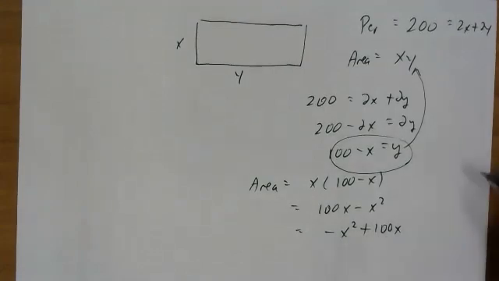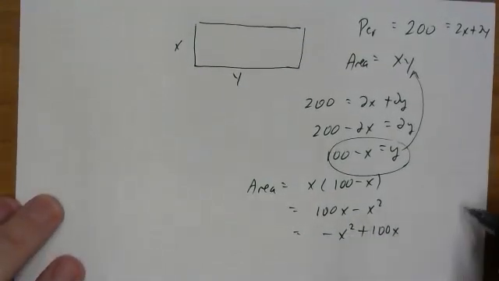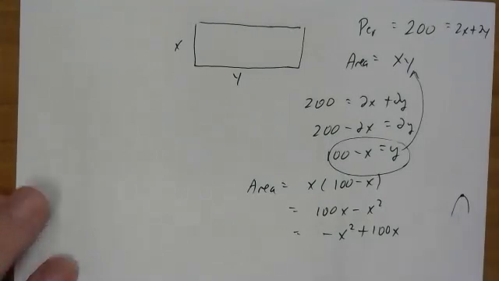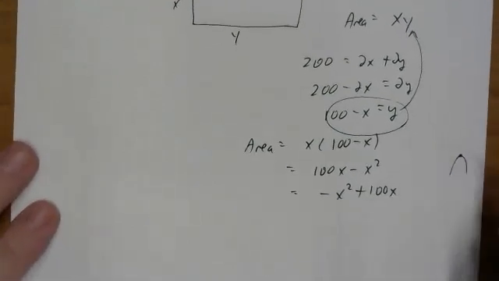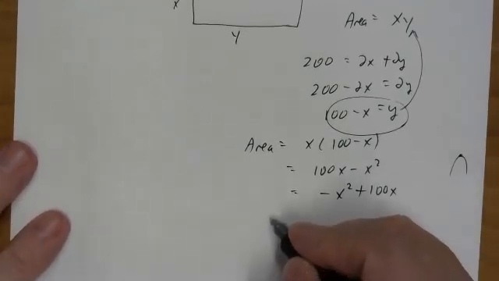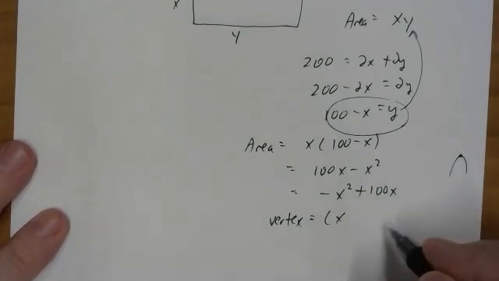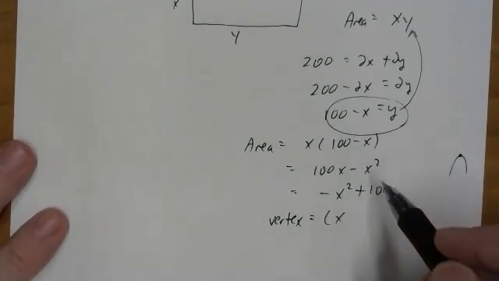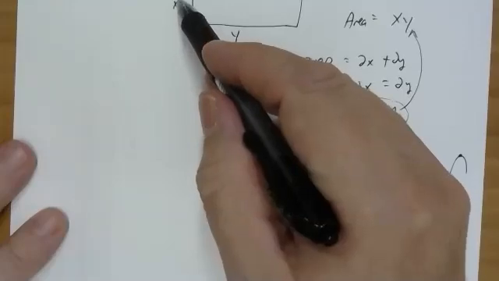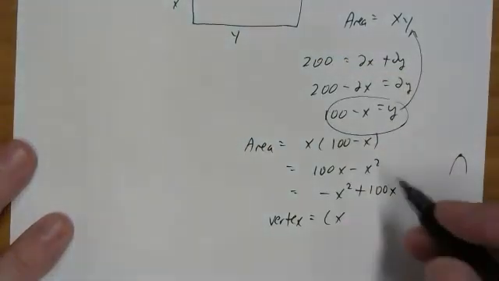Now I know this is a quadratic, opens down, it's going to have a maximum point, and it's going to occur at the vertex. So once again, if I can find the vertex, then I will know the maximum width and length.